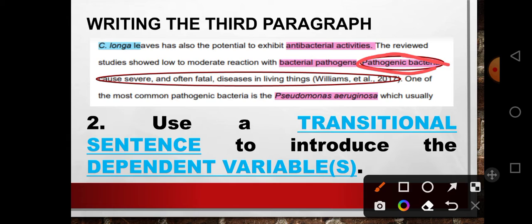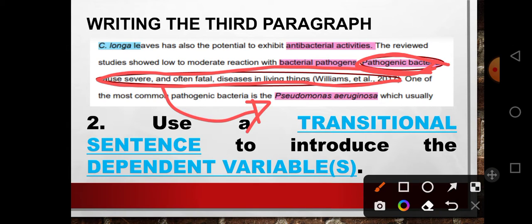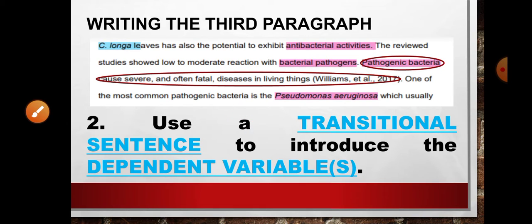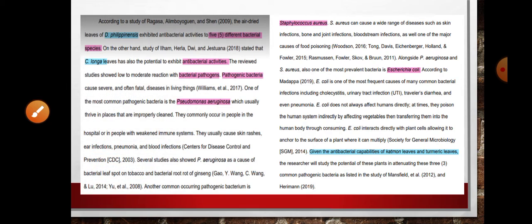However, this umbrella term served as a transitional sentence for us to introduce or reveal our dependent variable. So that is how you can reveal the dependent variable. You must use a transitional sentence to introduce the DV. Now, let's take a look at the next example to reveal our next guideline.